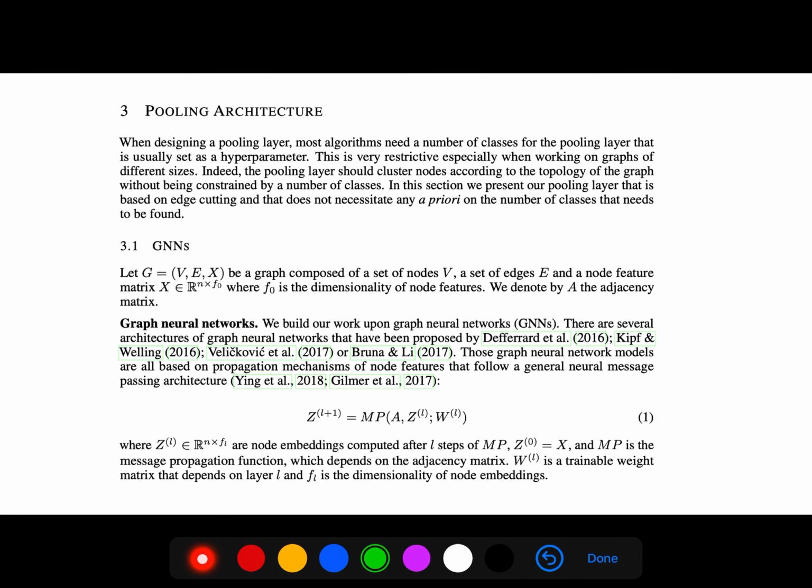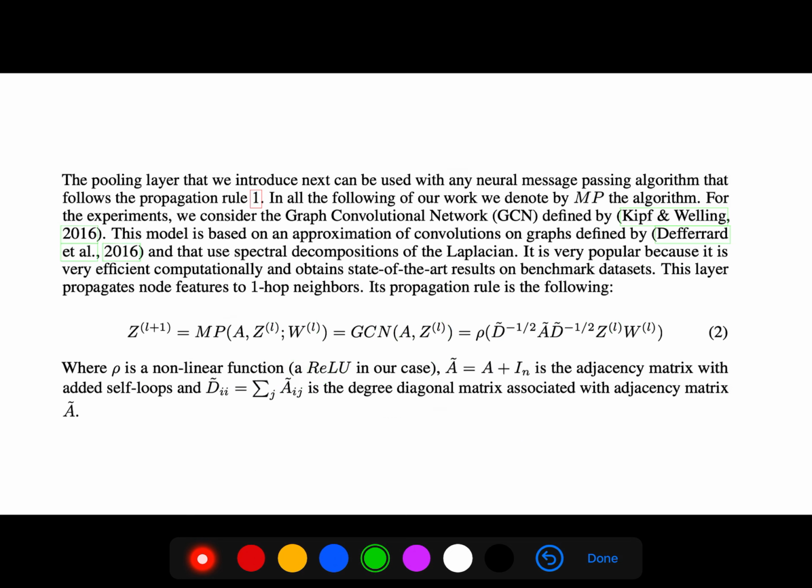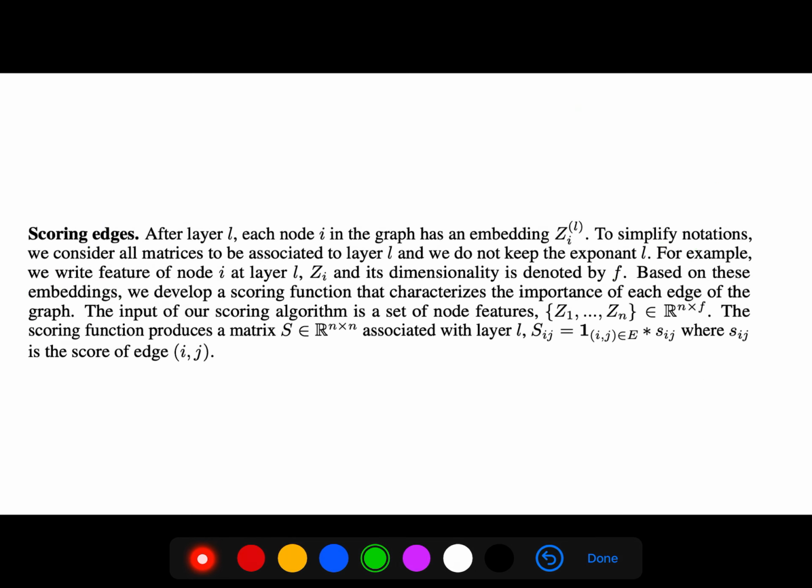So you know how graph neural networks work by this message passing. So we have aggregation and update. For example, we have many types of graph neural networks: GCN, graph isomorphism network, graph attention network, and many others. So we need to find a scoring mechanism.